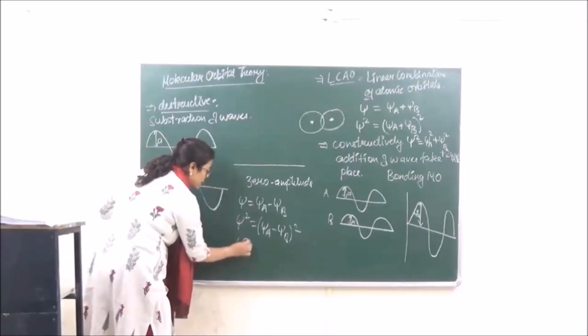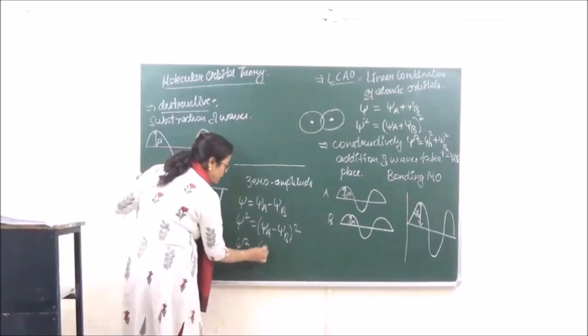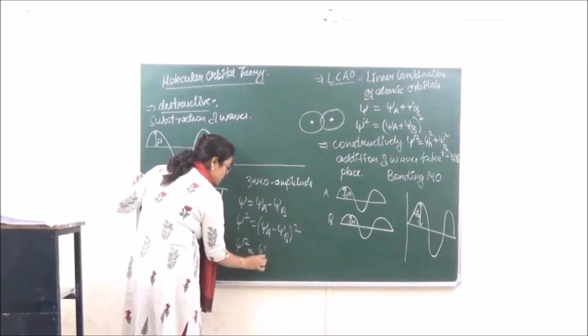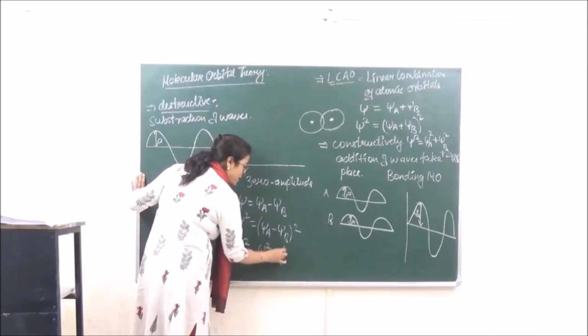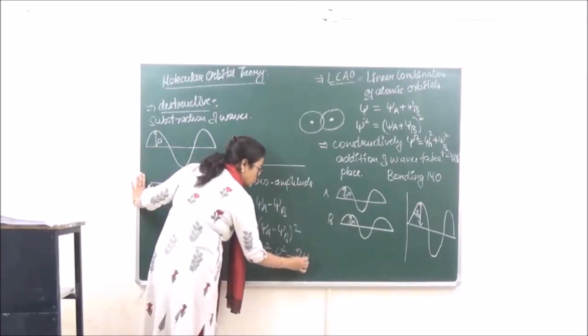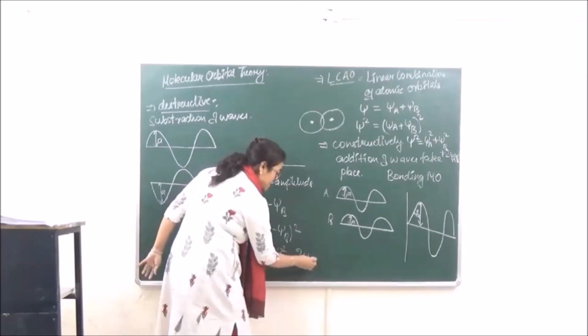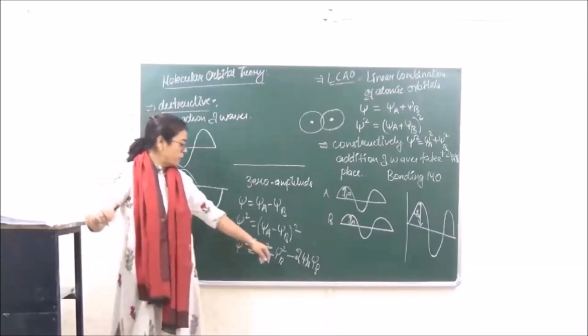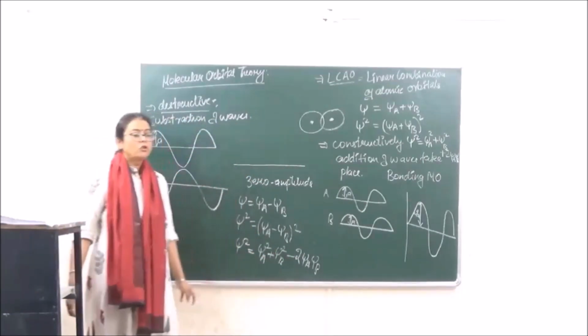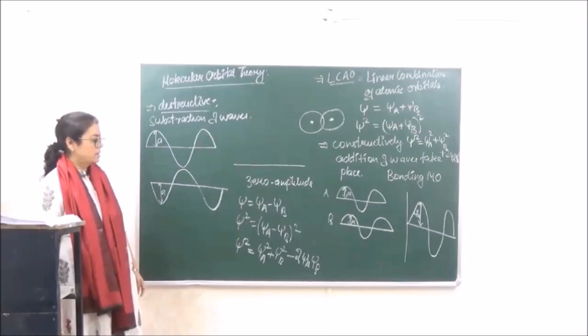And therefore we say that psi square is going to be equal to psi A square plus psi B square minus 2 psi A psi B. So over here the probability is going to decrease by a factor of 2 psi A psi B. Right?